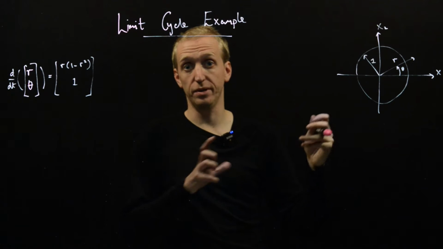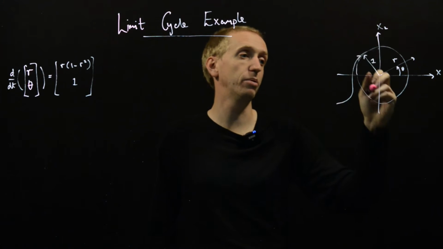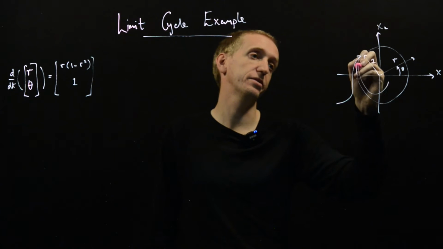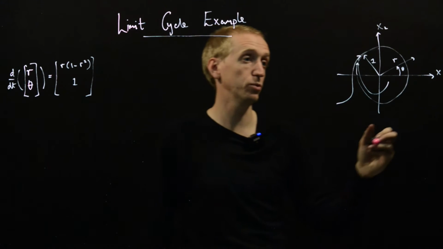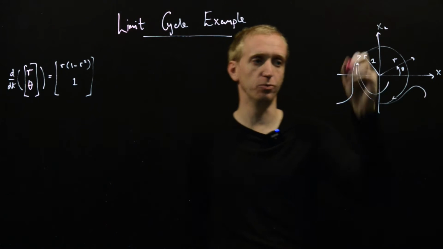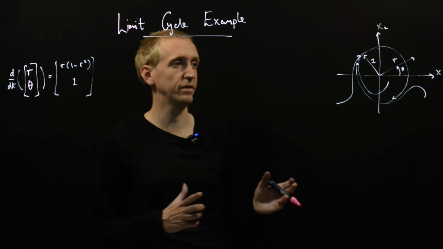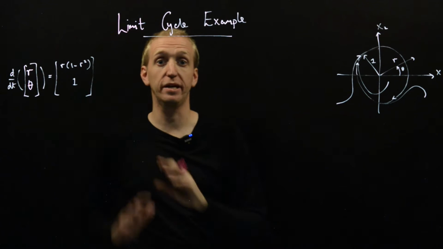And then we found that the trajectories were all tending to end up on a limit cycle which was exactly equal to the unit circle. And I might have got the direction we're going around the circle inconsistent. But this is what happened when we had this particular system.